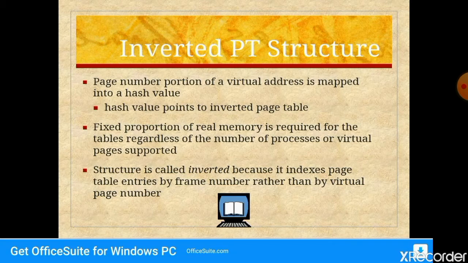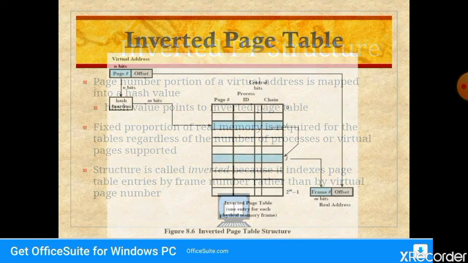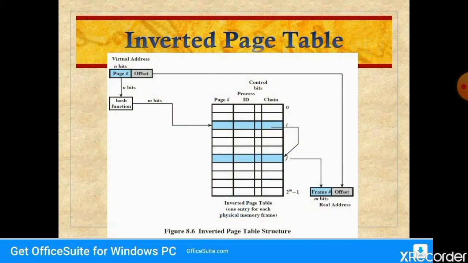Let us see this concept with this diagram. First, let me explain with an example, then we'll enter into the exact process. Let us consider n bits are used for indicating the page number. A hash function is used to convert this n-bit page number into m bits.